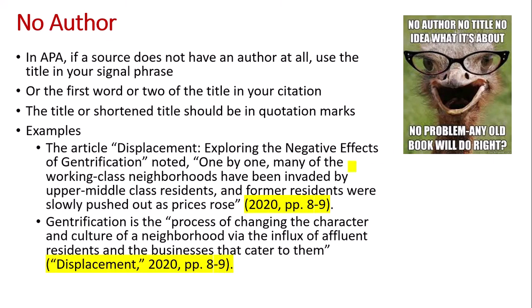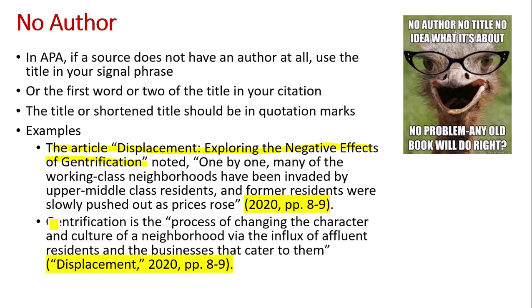So here's an example. The full article name in my signal phrase. The article Displacement Exploring the Negative Effects of Gentrification. So I have the title here in my signal phrase. And then I have the quote. And then I have the year, 2020, pages 8 to 9. Right? Here, I don't have the title in my signal phrase.